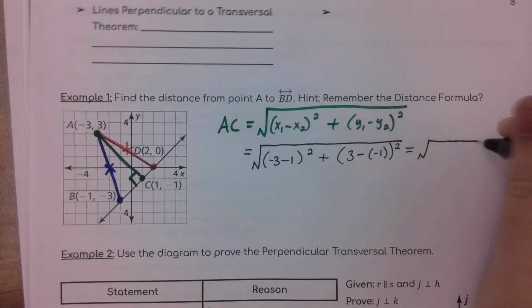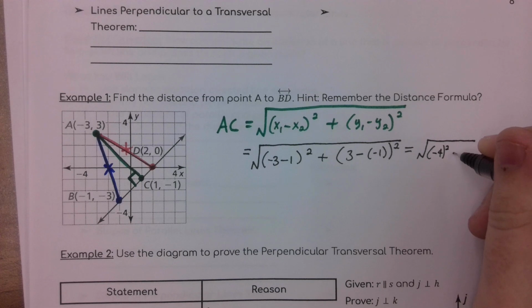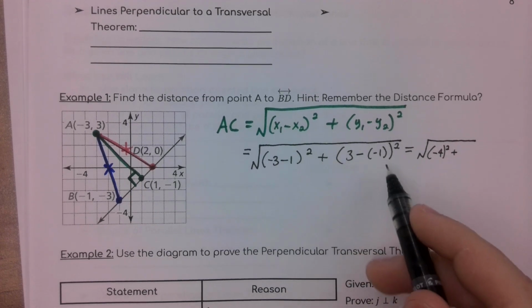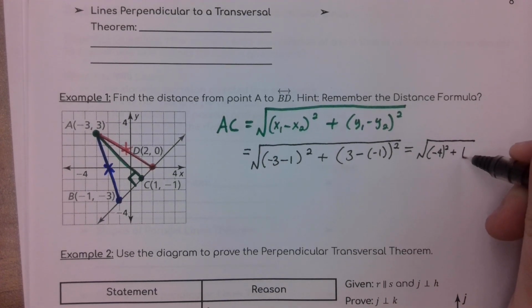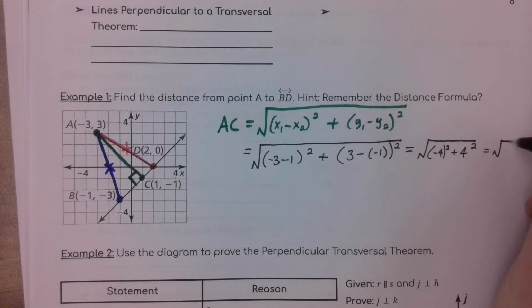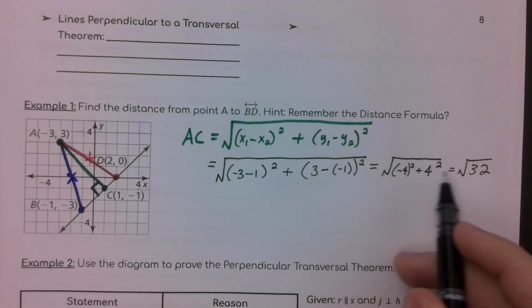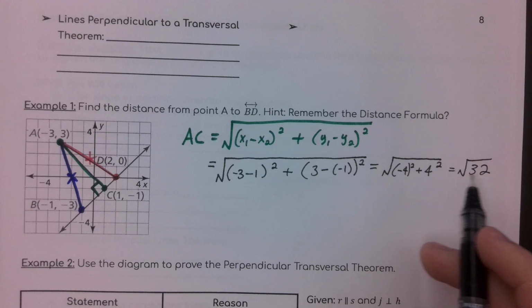The parentheses simplify out a little bit. -3 minus 1 is -4 squared. 3 minus -1 is just 4 squared. So this ends up giving us the square root of 32, because -4 squared is 16, 4 squared is 16, 16 plus 16 is 32.